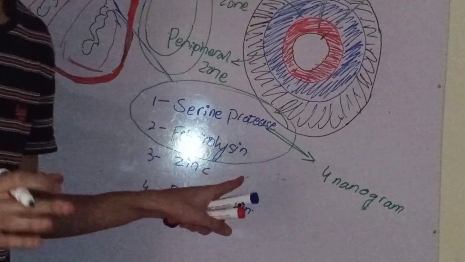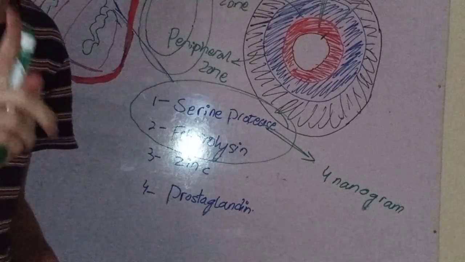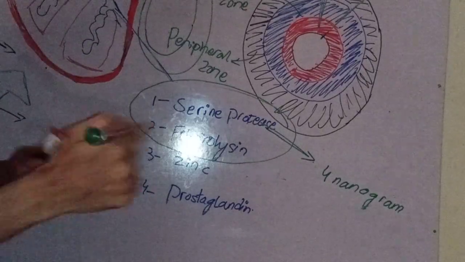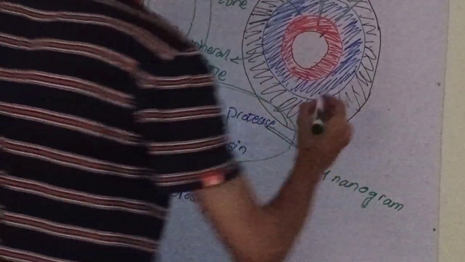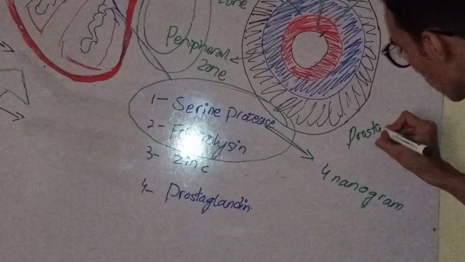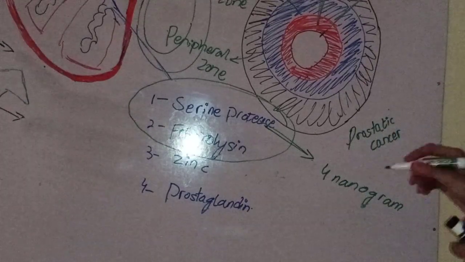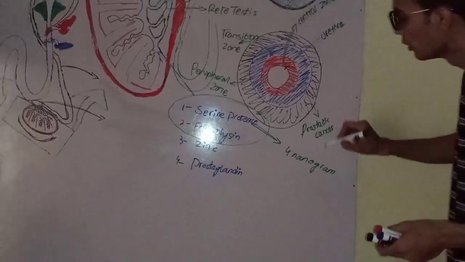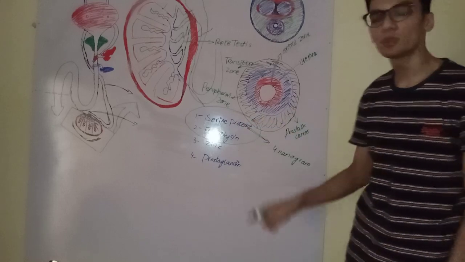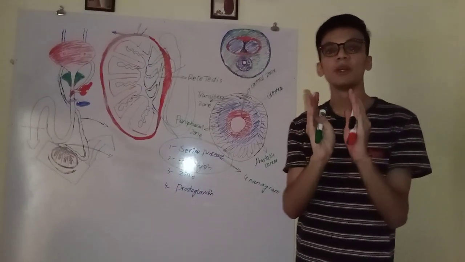But when the level of serine protease becomes higher than 4 nanogram, there will be the occurrence of prostatic cancer. Prostatic cancer is linked with the peripheral zone, which contributes about 70%. Whenever the serine protease level is higher than 4 nanogram, there are higher chances of prostatic cancer.